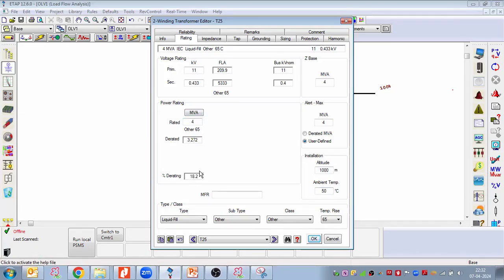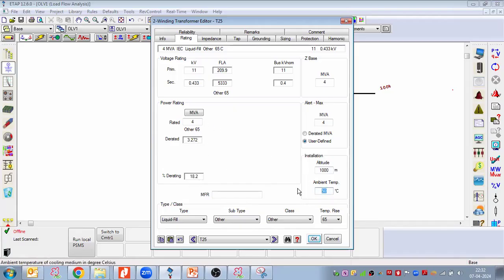Every 1 degree Celsius temperature provides 1% derating in the transformer output power. ETAP has taken an ambient temperature of 30 degrees Celsius, but that should be taken as 50 degrees Celsius, right?